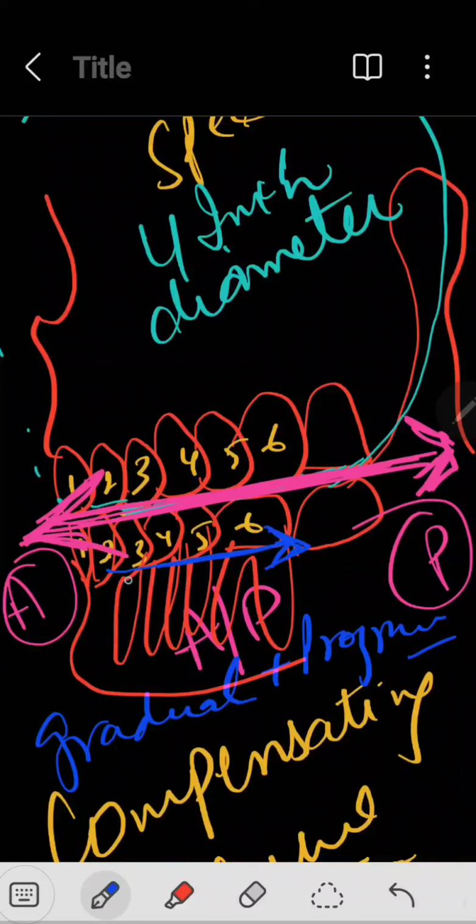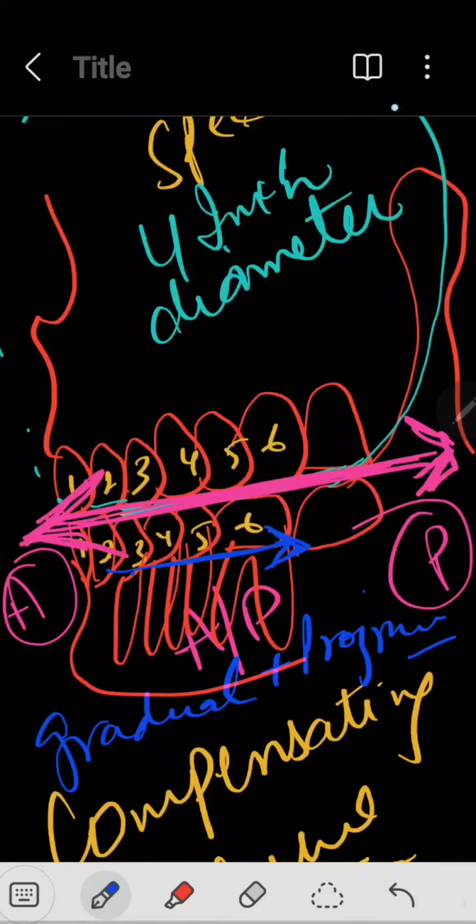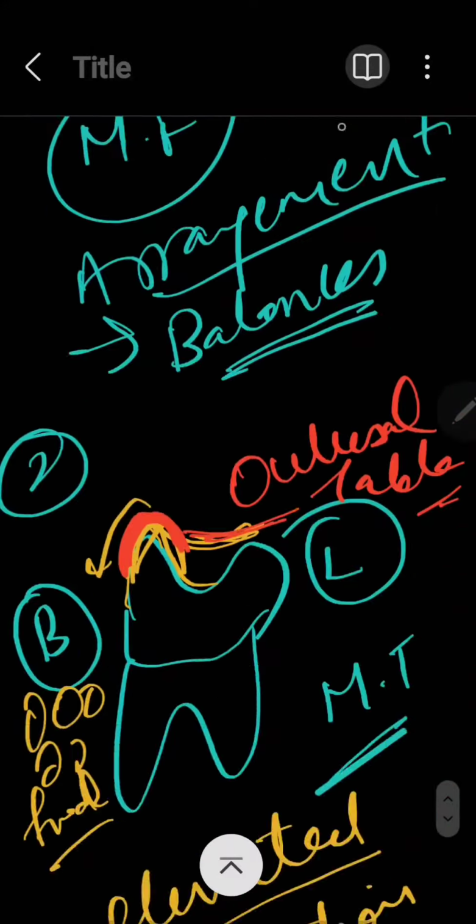So whenever we go from this to this side in the mandibular teeth, they are aligned in such a way that the mesial tilt is more in case of molars. Since the mesial tilt is more, let me show you.